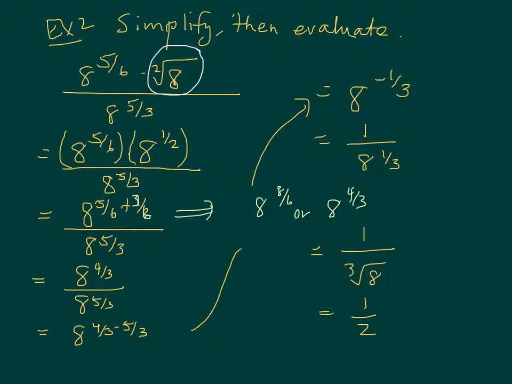Boy, that's a lot of different steps, but they're all steps that I'm confident that you know at this point. It's just tying them all together and making sure that you can do that.